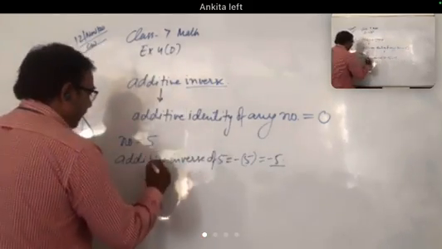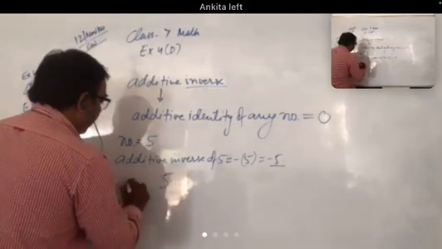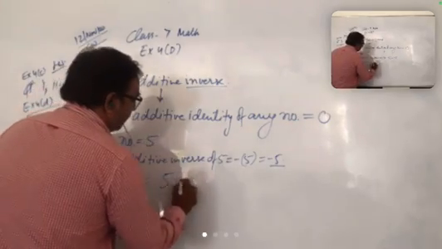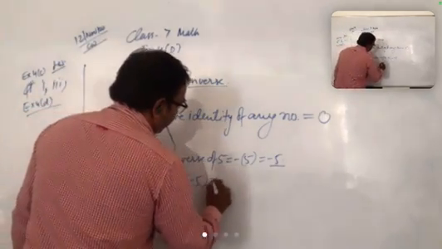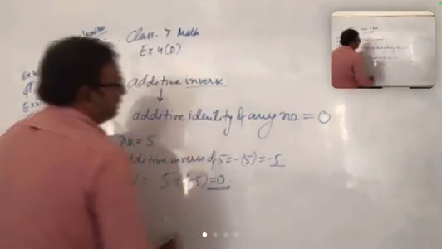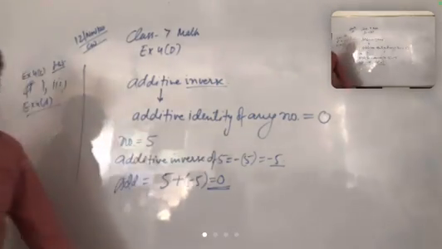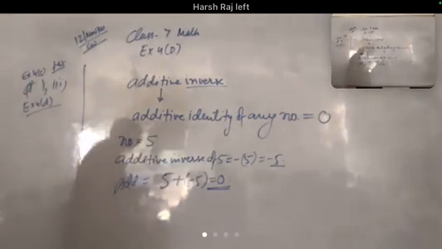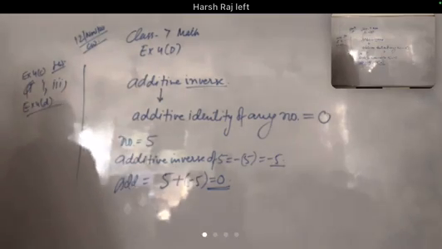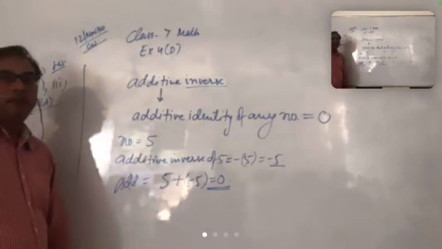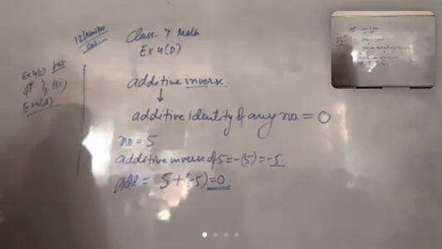If you add these numbers, you get 0. So 0 is the additive identity. Is that clear or not? Clear?